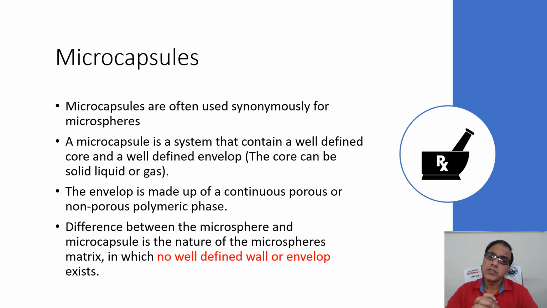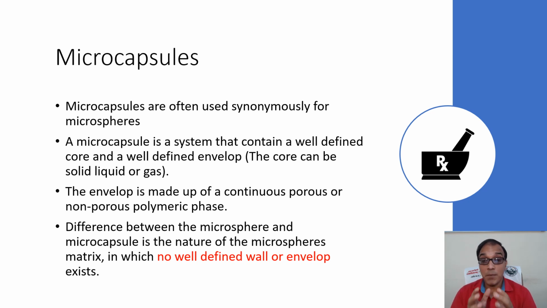Often microcapsules and microspheres are used synonymously. But a microcapsule is a system that contains a well-defined core and well-defined envelope. The core can be solid, liquid or gas. The envelope is made of a continuous, porous or non-porous polymeric phase.